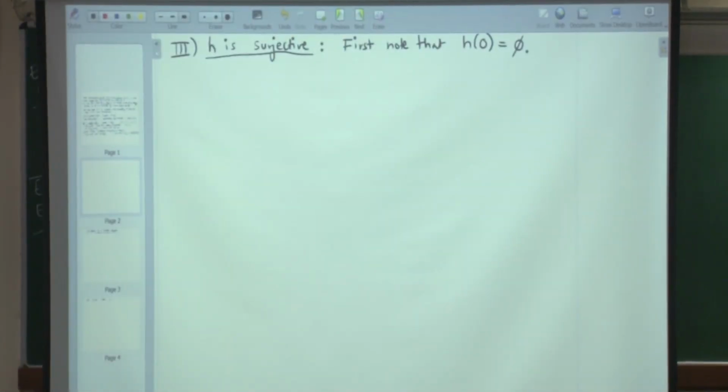So we can start with something in the codomain which is non-empty.